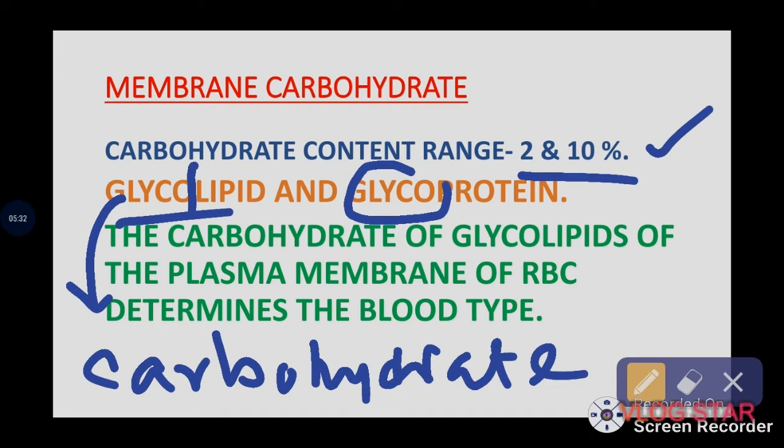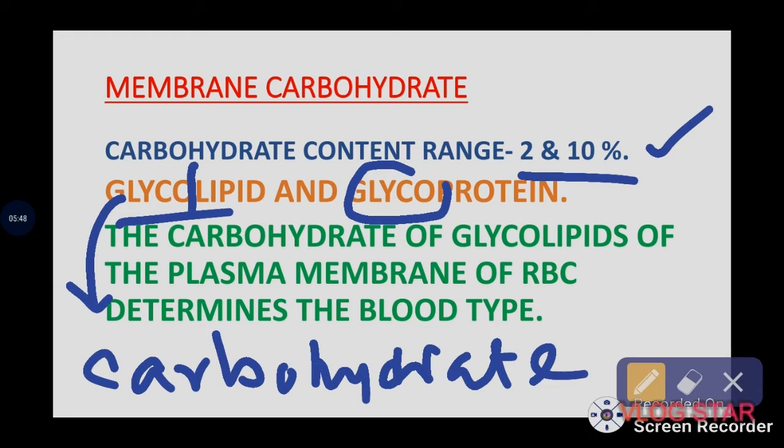These membrane receptors help in transducing the extracellular signals into intracellular signals. They actually convert the signals that are extracellular into intracellular.